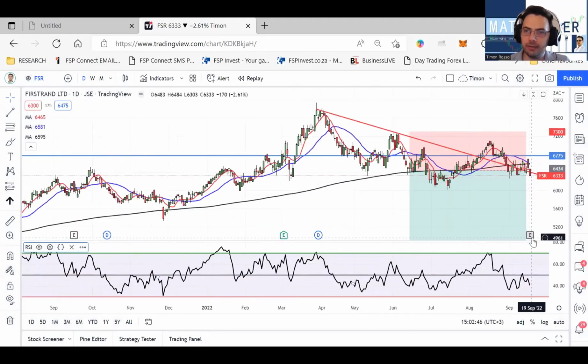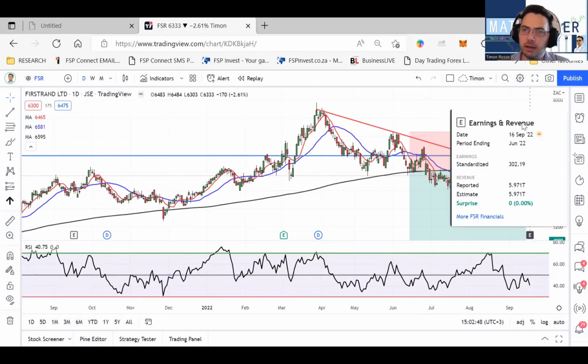So here we go, earnings. Earnings and revenue, period ending, reported 5.97, estimated 5.97, surprise 0. Standardized 302.1. Okay, so surprise is basically the difference between what the estimate is and the reported.